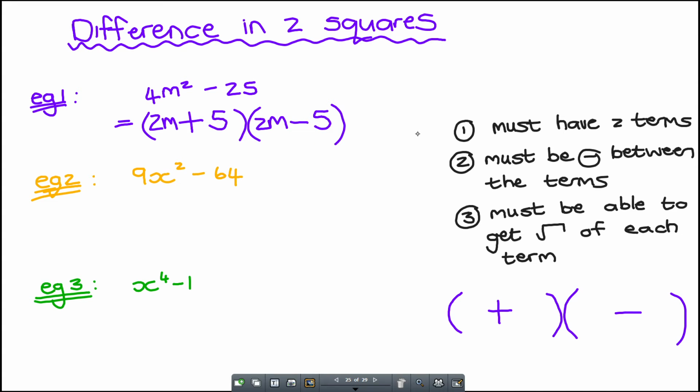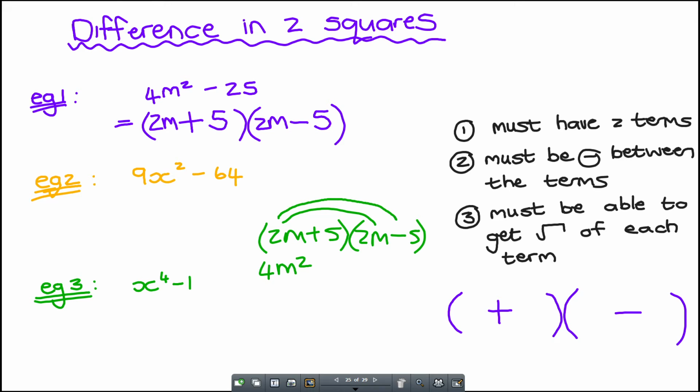Okay, so let me explain to you guys. If you now had, and you don't have to write this down, I'm just showing, 2m plus 5 and 2m minus 5. Previously I gave you this, and then you had to do FOIL. So 2m times 2m gave me 4m squared. 2m times minus 5 gives me minus 10m.